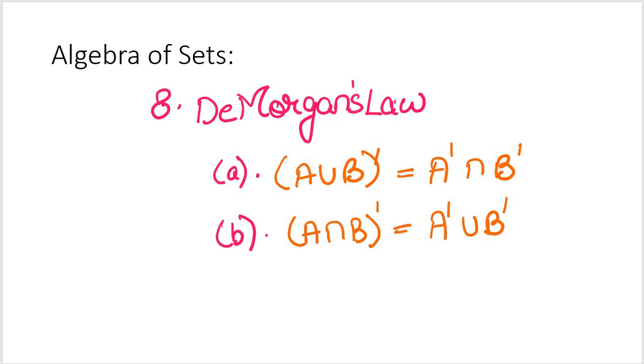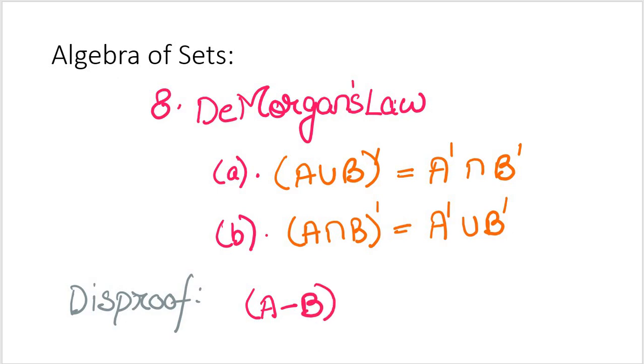There is something called a disproof, which says A minus B union B minus C is equal to A minus C. Just give a thought on this, and we'll have a separate discussion.